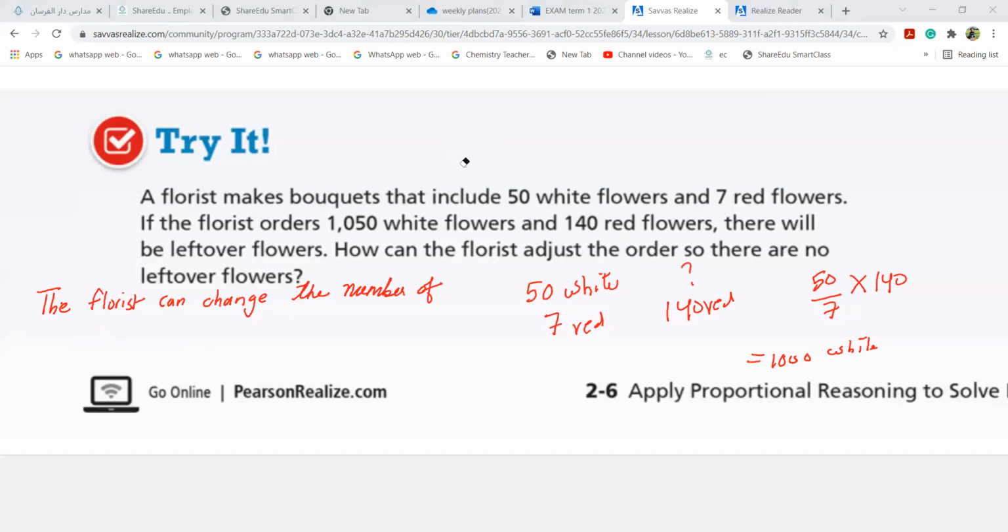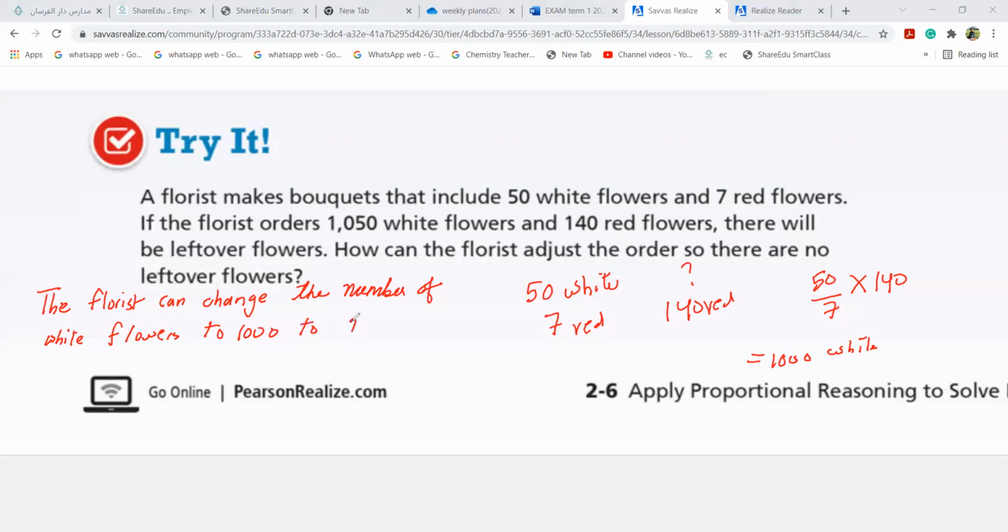He will change the number of white flowers. How did he change, girls? From 1,050, he changed to 1,000.